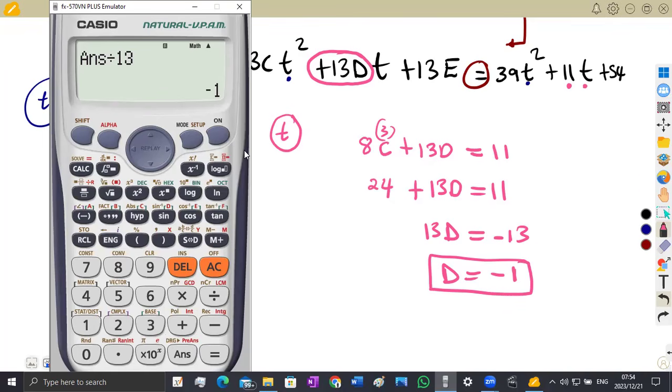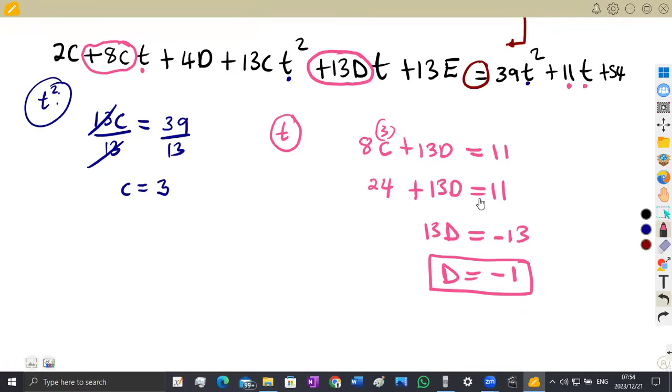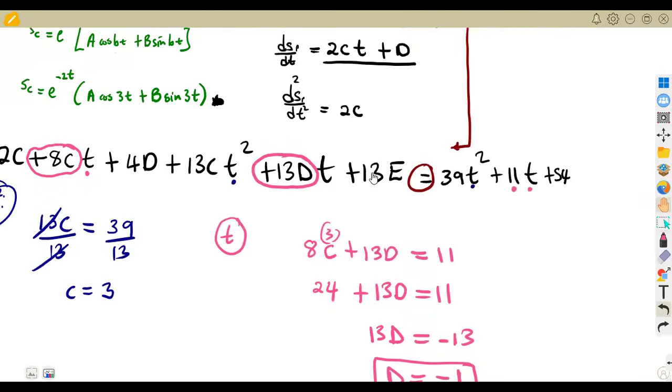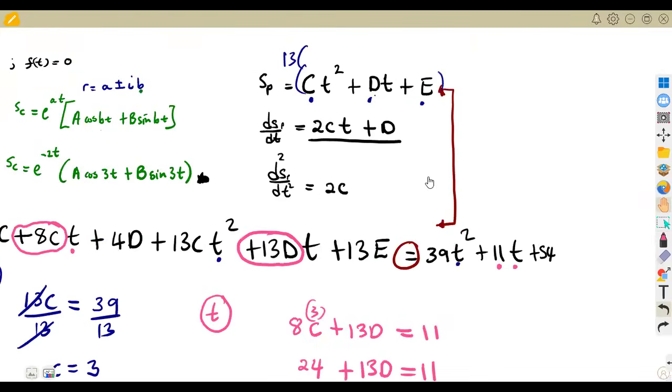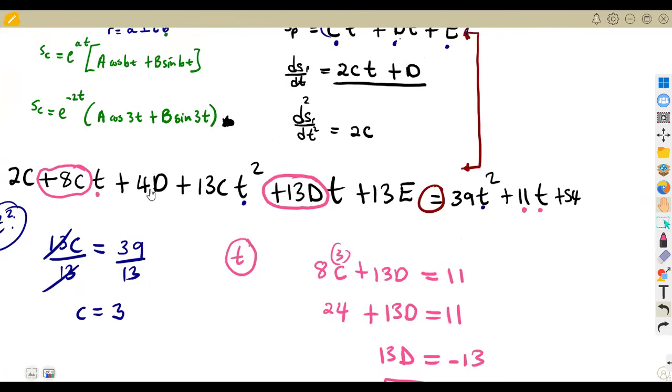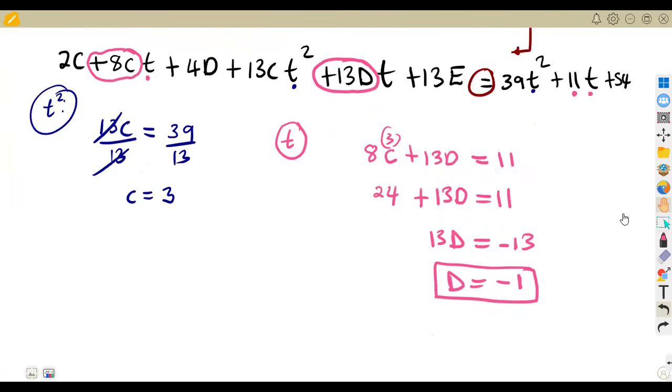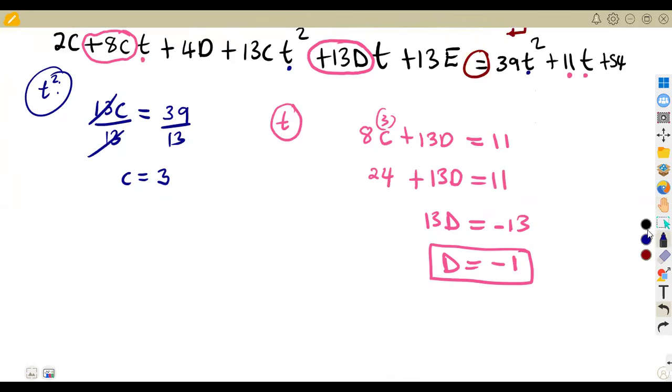Okay, let's move on to the other part. This is our D. So we are left with E. We can equate the constants to find E. E, we can find where there are constants. So this time we are going to equate constants.